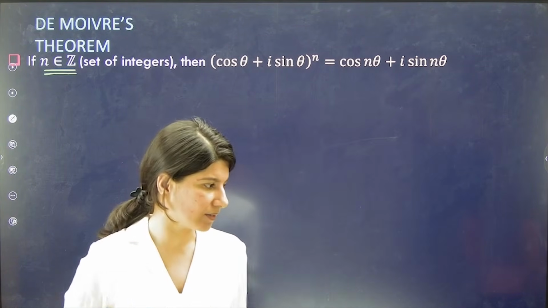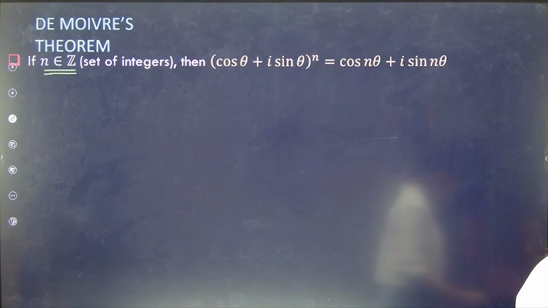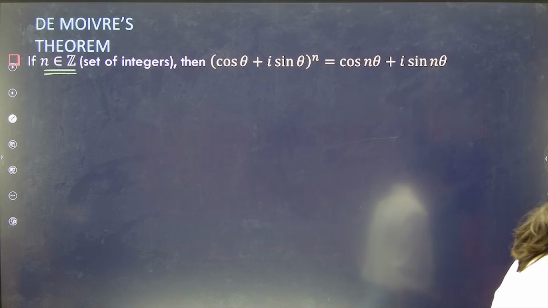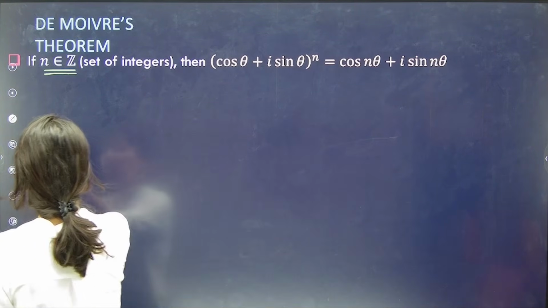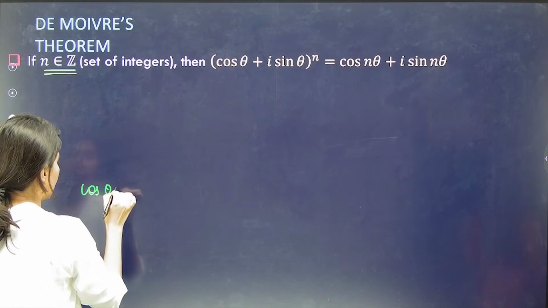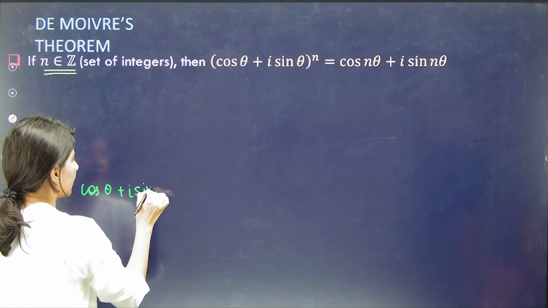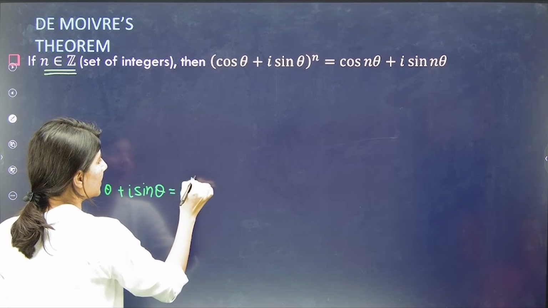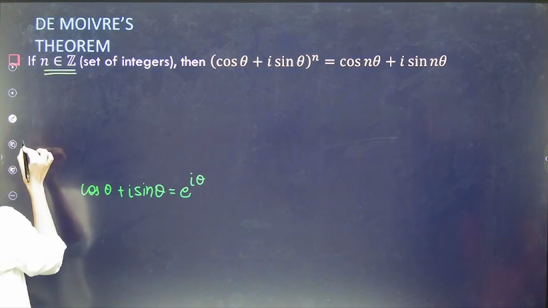Let's understand. Here cos theta plus iota sine theta can be written down as e raised to power iota theta. Perfect.